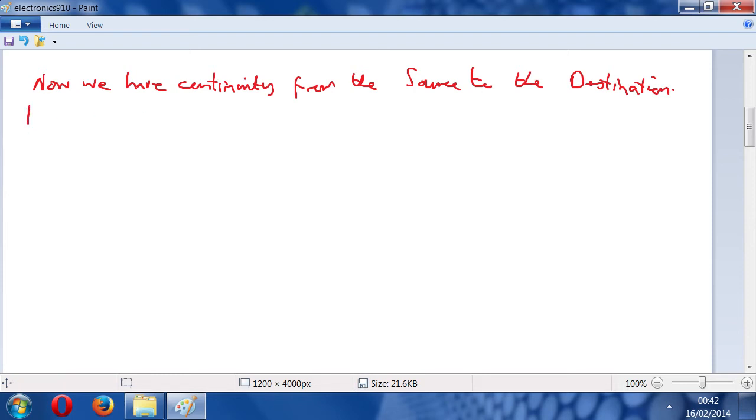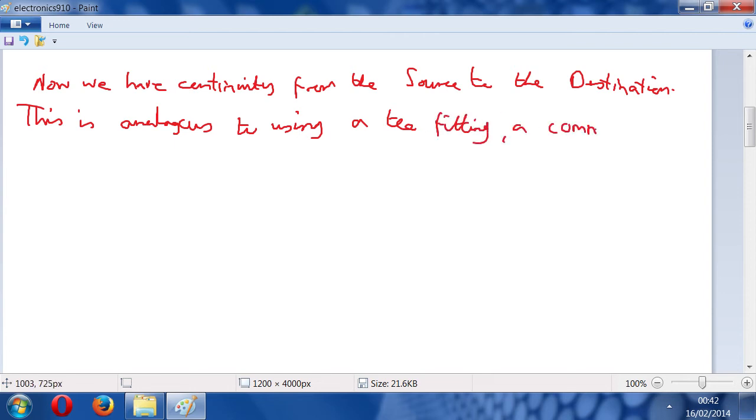So this is analogous to using a T-fitting, which is a common plumbing fitting used to divert water.